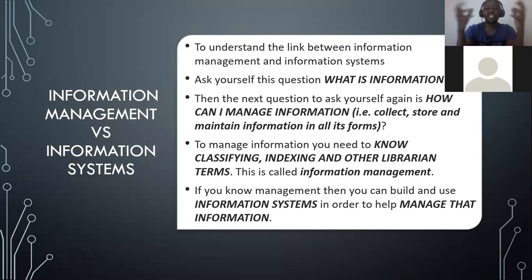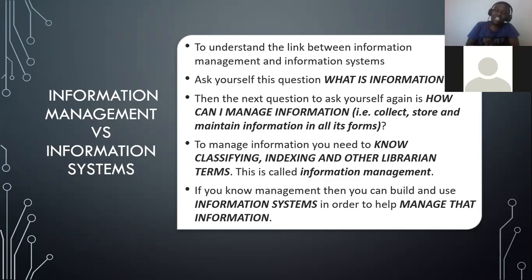So to manage information, you need to know classifying, you need to know indexing or other librarian terms, right? That's why I was saying this kind of terms were used by people before the computerized systems came into play. So if you know management, you can build and use information systems in order to help manage that information.